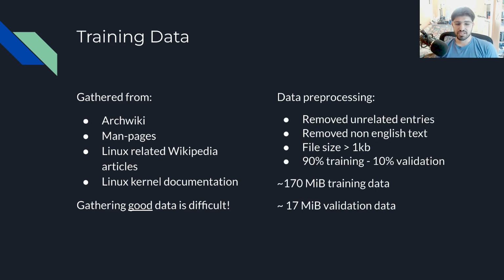The data preprocessing steps I took are: removing unrelated entries, removing most of the non-English text, only keeping files with size larger than 1 kilobyte, and I split the data into 90% training data and 10% validation data, ending up with 170 MB of training data and 17 MB of validation data.